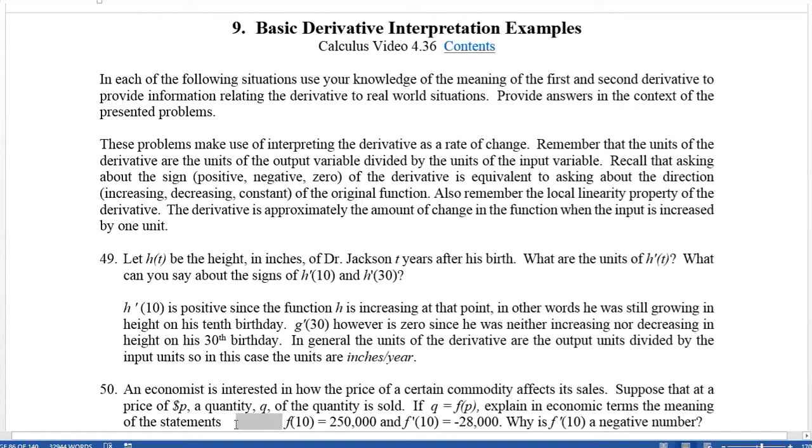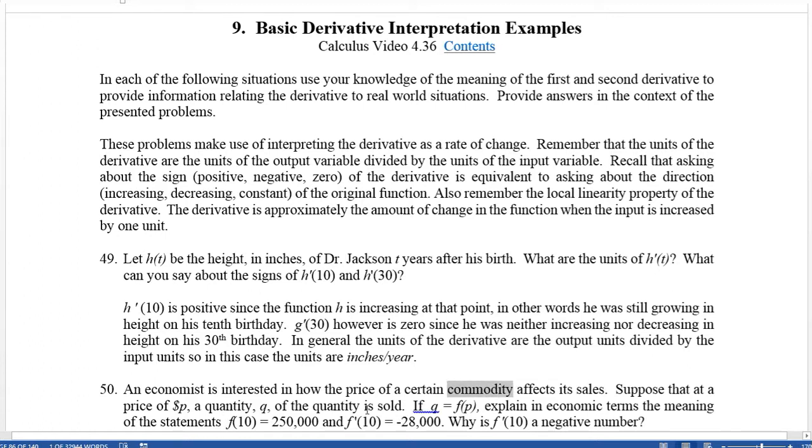An economist is interested in how the price of a certain commodity affects its sales. Suppose at a certain price of $p, a quantity Q of this commodity is sold.